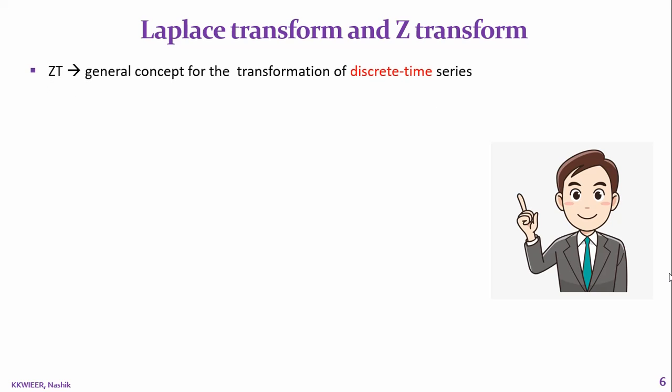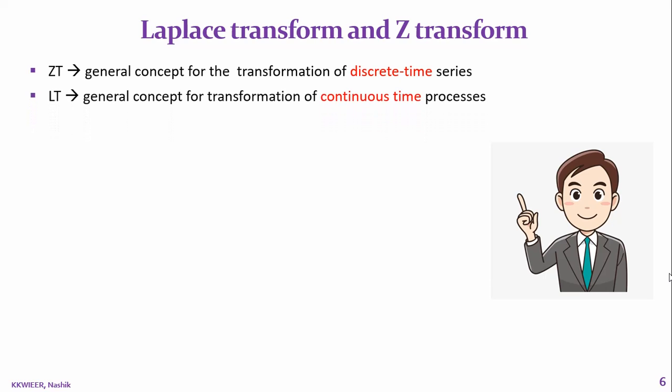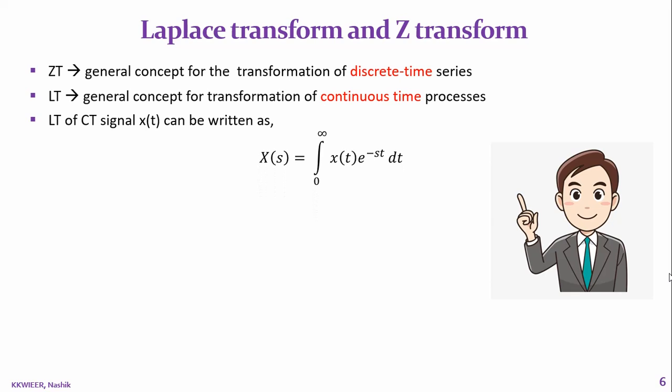So Z transform is a general concept for transformation of discrete time series, whereas Laplace transform is a general concept for transformation of continuous time processes. So this is the basic difference between Laplace transform and Z transform. The Laplace transform of the continuous time signal x of t can be written as x of s is equal to integration 0 to infinity x of t e raised to minus st dt.